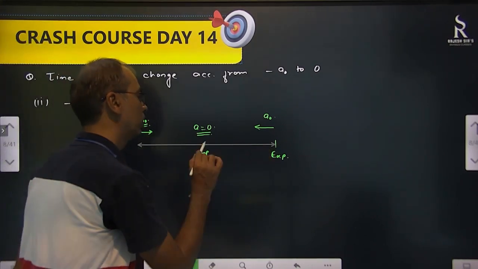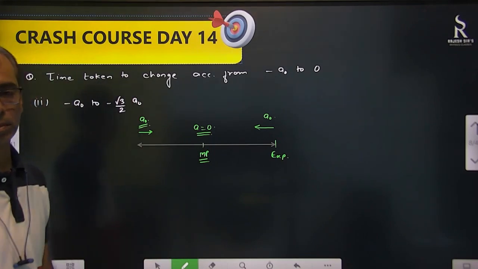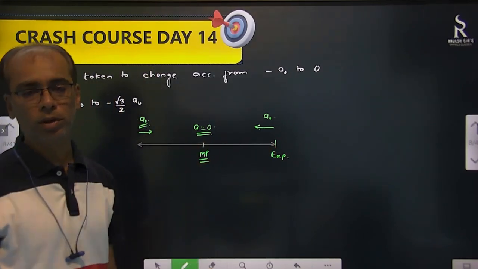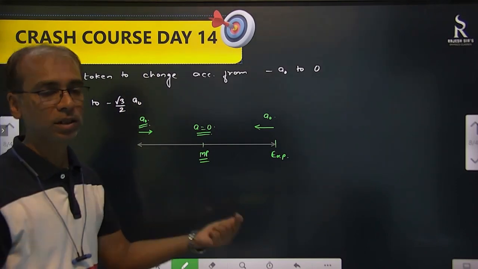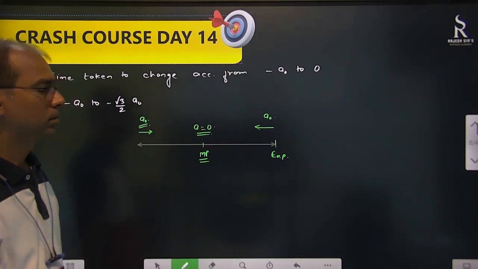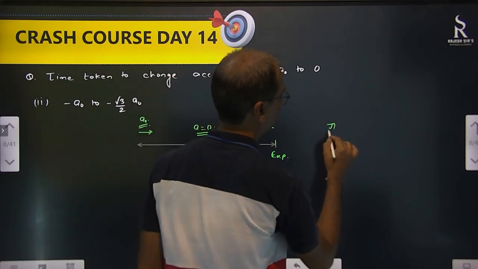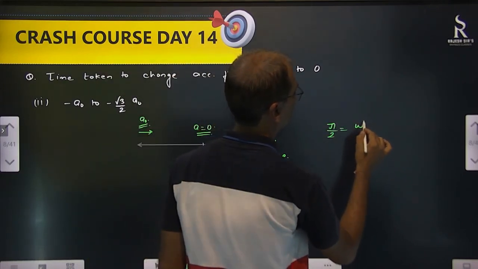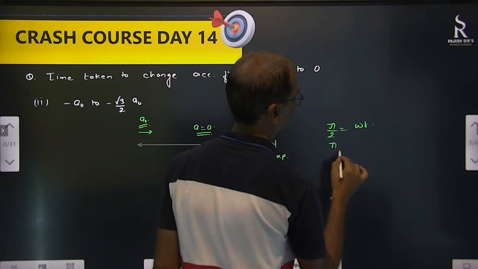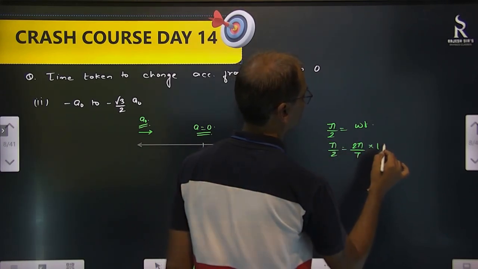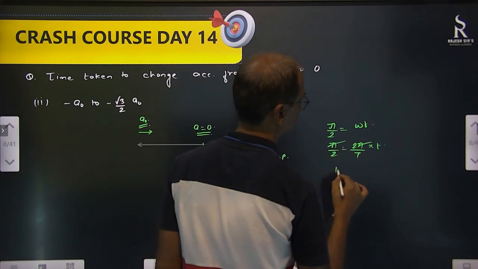That means from extreme to mean position you want to come. How much angle will you traverse in circular motion? 90 degrees. That's all. So pi by 2 equals omega t. So pi by 2 equals 2 pi by T into t. This is cancelled. So t equals T by 4.